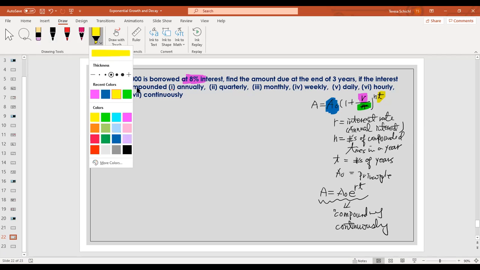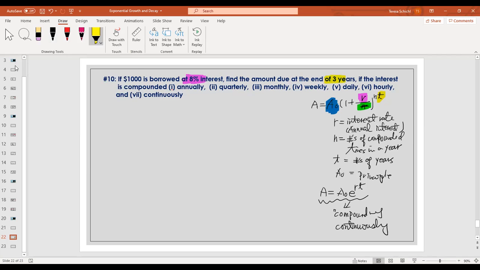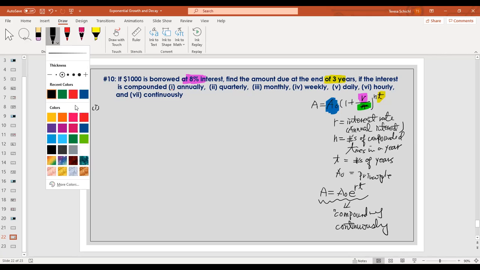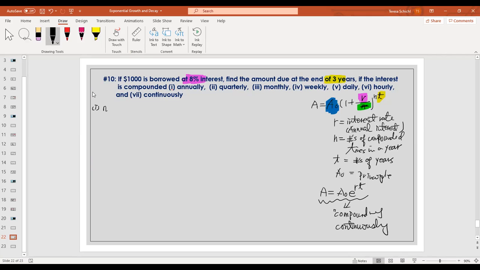Let's compound annually. If you're compounding annually, that means every year you compound only 1 time, so n is equal to 1.